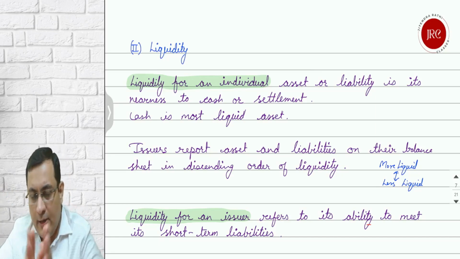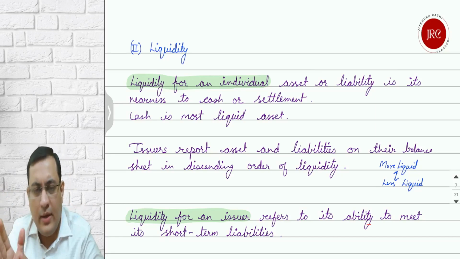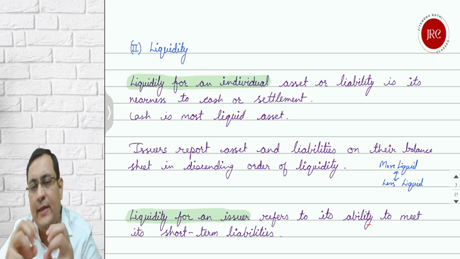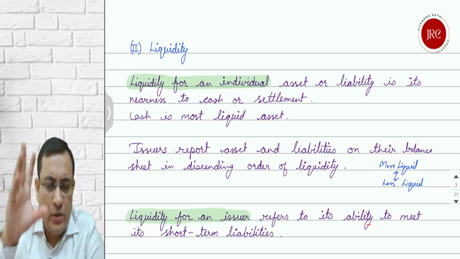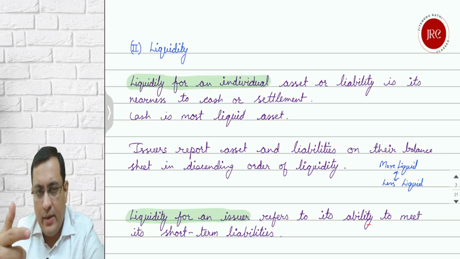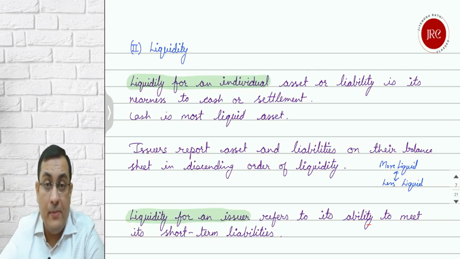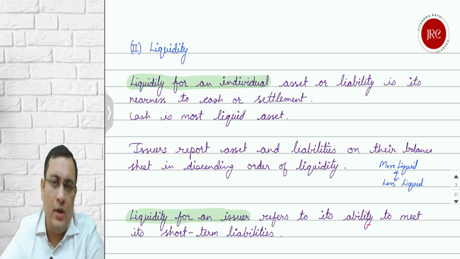So from a specific asset or liability point of view, it is the nearness of that asset or liability to the cash.